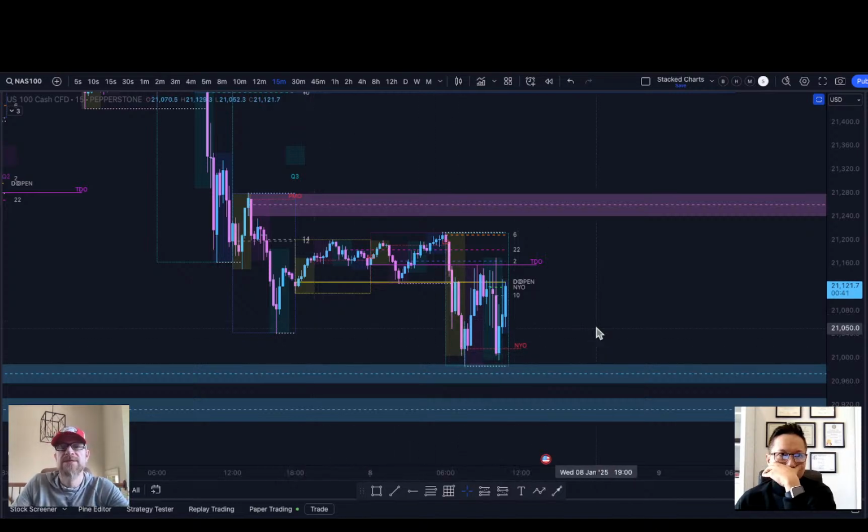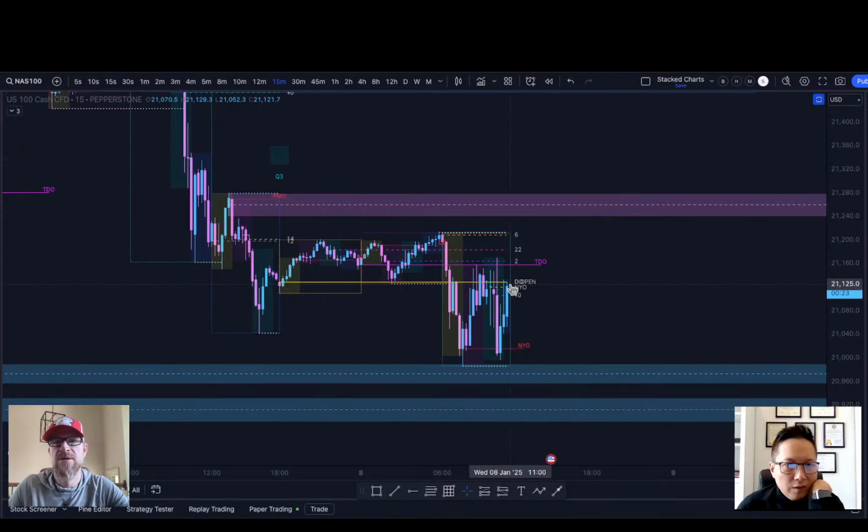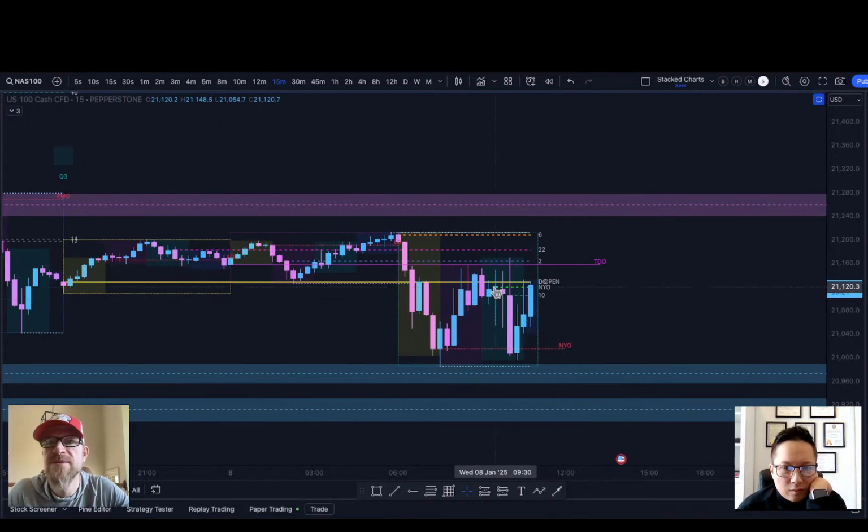Yeah, so it did exactly what I thought it would do here. I had a position on before the market opened. I got in this candle, in the 915 candle, kind of in the middle of it, I think.